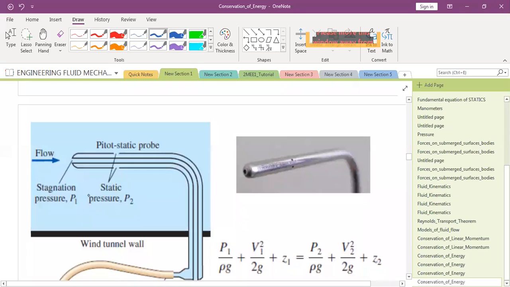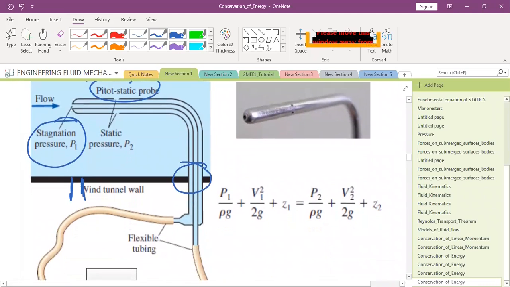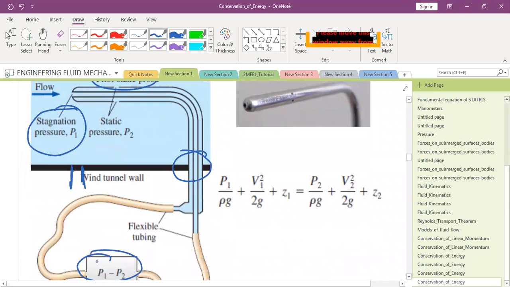So the benefit here is instead of making two holes, you can make a single hole and measure static as well as stagnation pressure, and you can measure the difference between the two and that will give you the dynamic head.